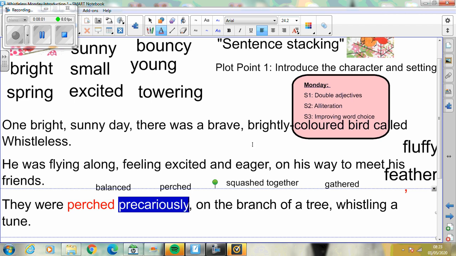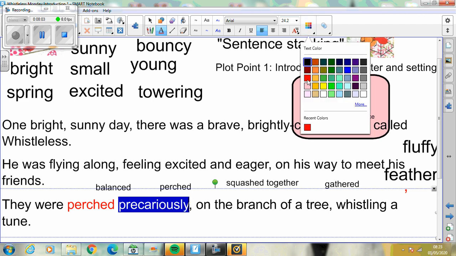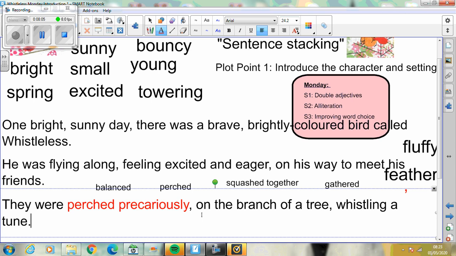So precariously means almost dangerously. So there's a chance that they could actually topple off at any point. I'm imagining the branch of this tree is quite thin and bendy, and as the birds are sitting there, they're bouncing up and down on the branch. So they were perched precariously on the branch of a tree.